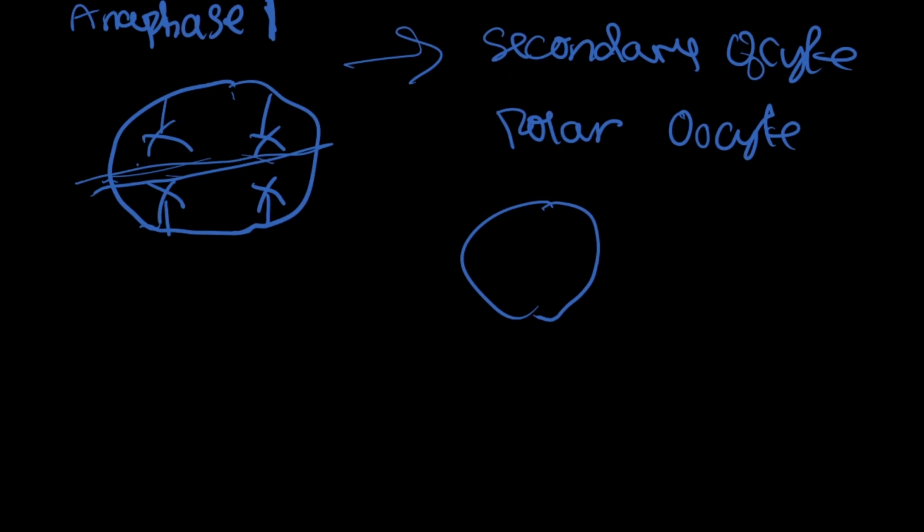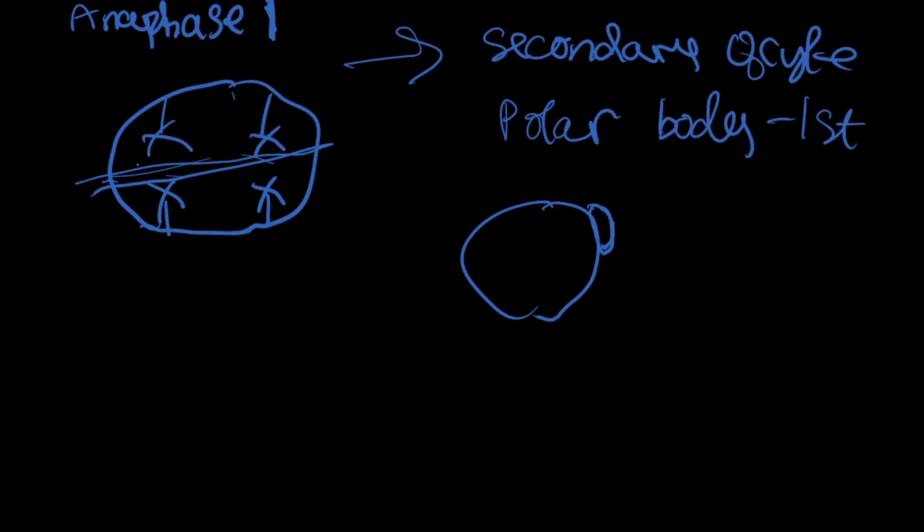This could be the secondary oocyte, and the polar body is very small. The first polar body takes only a small portion of the cytoplasm, and it later disintegrates, while the secondary oocyte has the ovum forming capacity, and it's the secondary oocyte formed here that would go on to form the ovum.